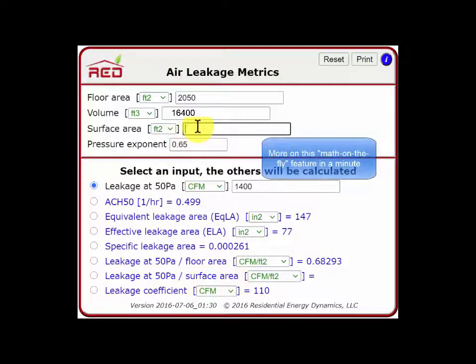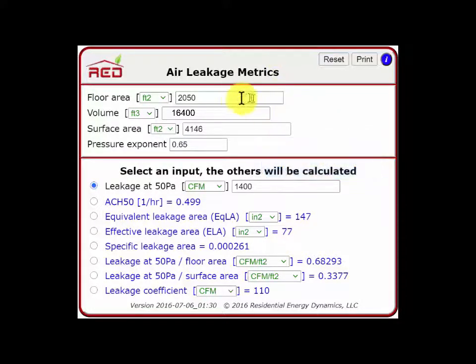I'm going to put that back now so I don't forget about it. Click outside the box like that. So up top in the top section of the tool, you would enter floor area, volume, and surface area only if you are interested in leakage at 50 pascals per surface area.